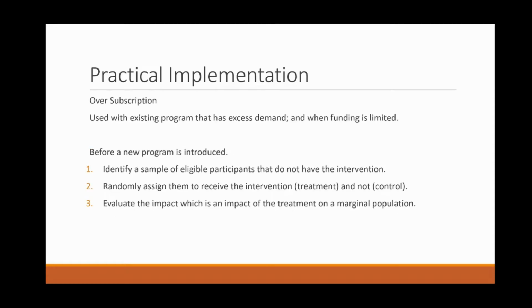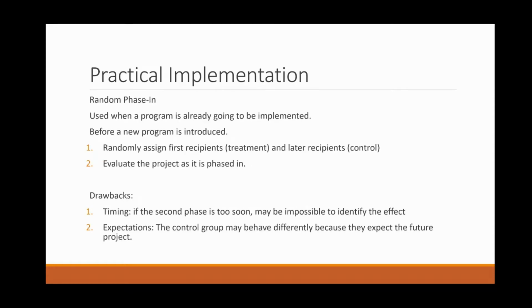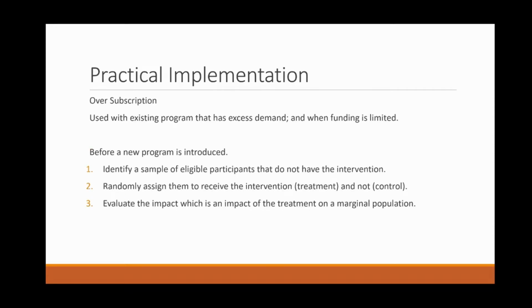Okay, so that's random phase-in. Another option, the oversubscription method. So with the oversubscription method, this is another way in which we try to introduce randomization when we don't have full control over the implementation of the intervention. Okay, so let's imagine a scenario in which we're working with a nonprofit organization. They have already implemented an intervention.